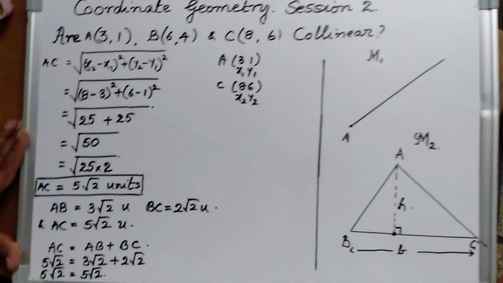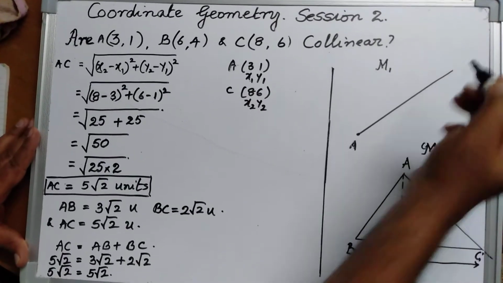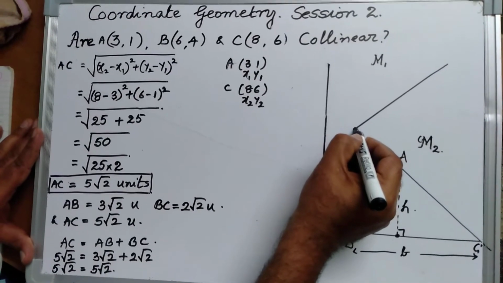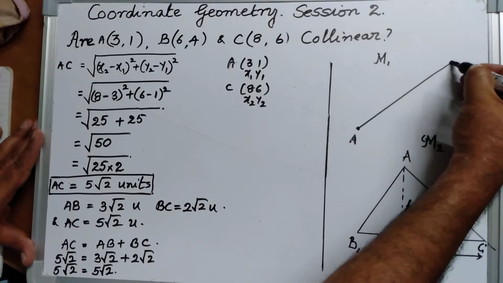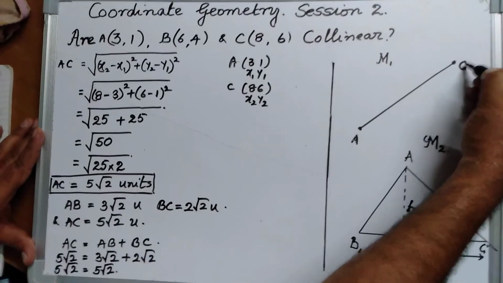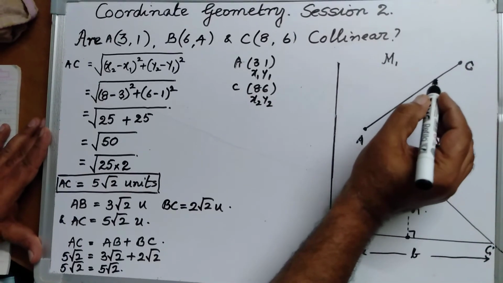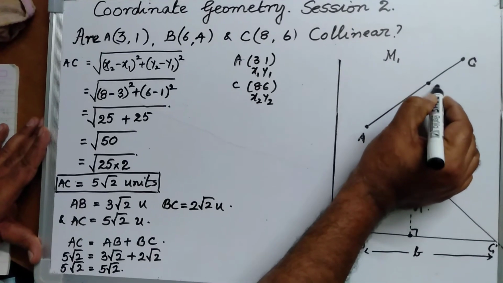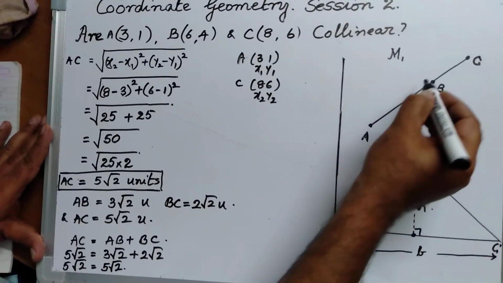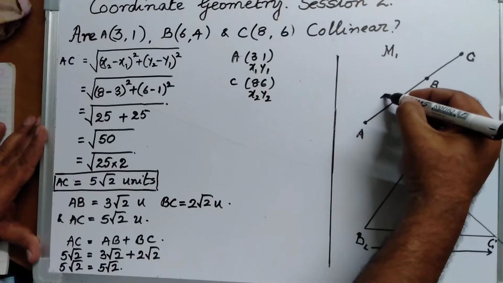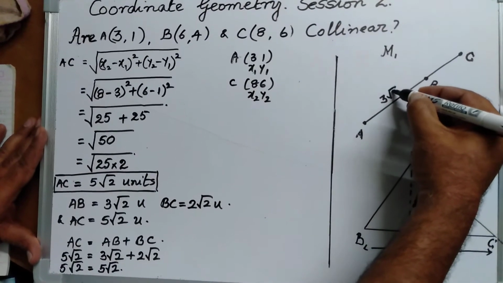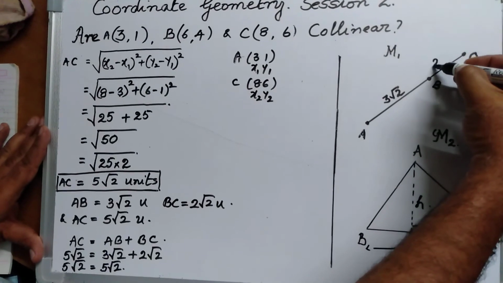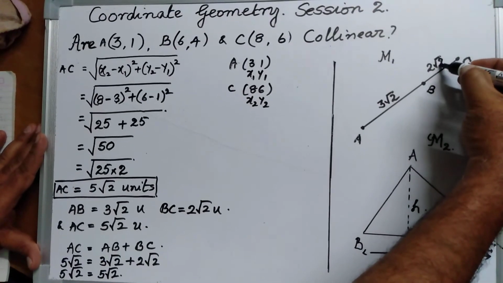The meaning is, in this figure, A is at one end, C is the other end, and B lies in between A and C. The distance between A and B is 3 root 2 units. The distance between B and C is 2 root 2 units.